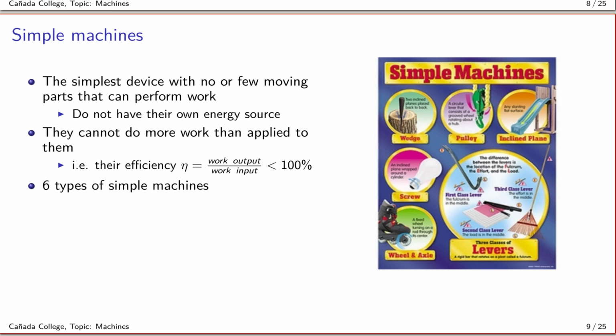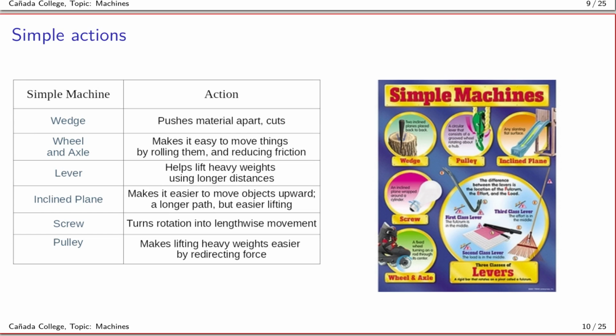Okay. Now, as I said, there are 6 types of simple machines, not 7 as I misspoke earlier. And let's look at what these 6 types of simple machines are. So on the left column here in the table is a list of the type of simple machine.